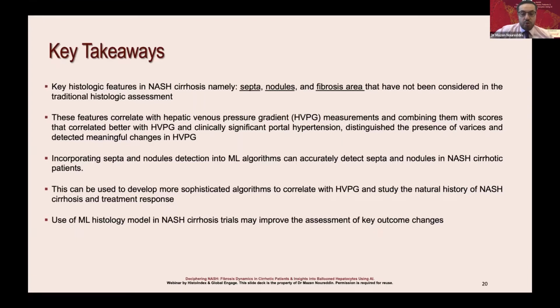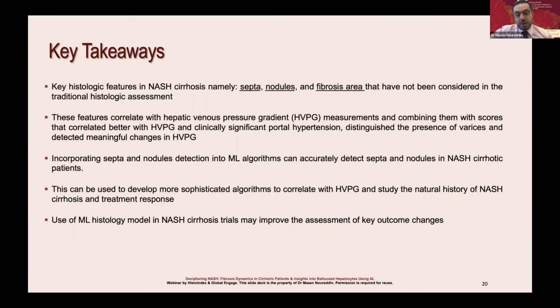And thus, we believe that using this HistoIndex machine algorithm, we can now measure important things in cirrhosis way beyond what we used to measure, and even correlate with important clinical outcomes such as varices without even doing an invasive transjugular liver biopsy, rather just simple histology analyzed by this method.